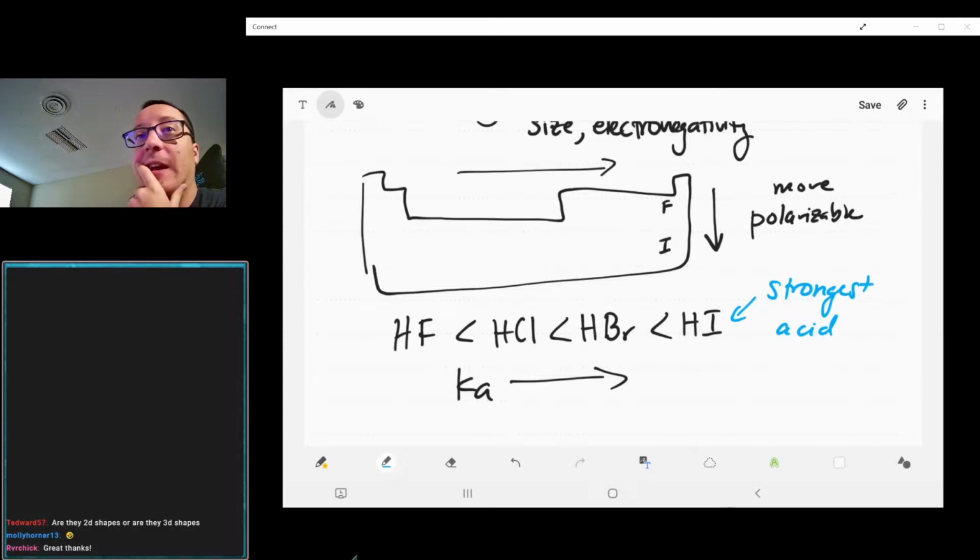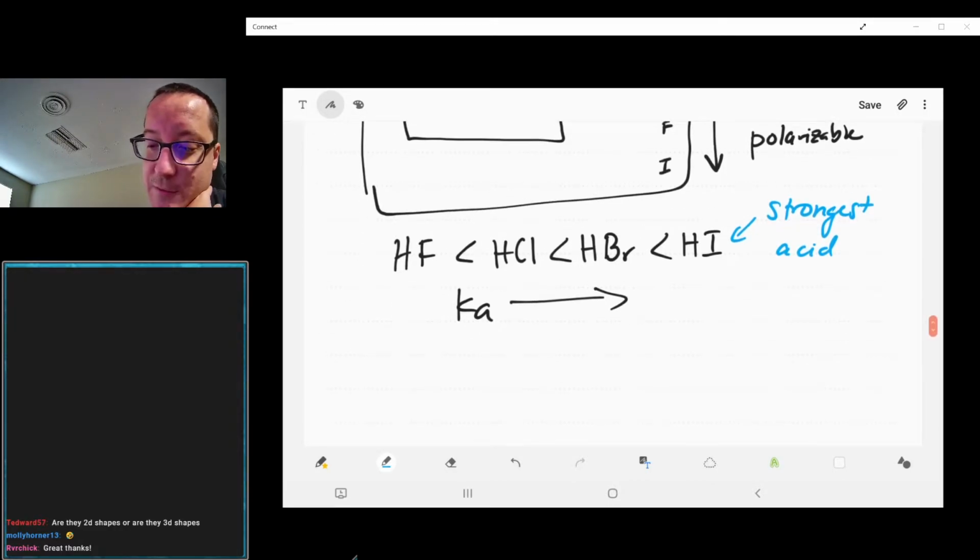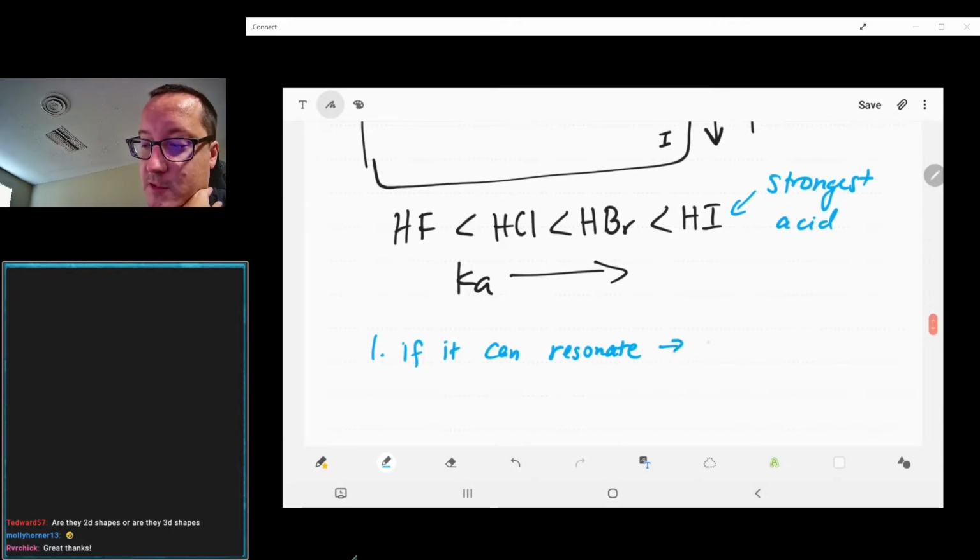So we're only going to worry about these two factors here with these particular patterns. If you end up taking OChem, you're going to learn a lot more about inductive effects and hyperconjugation and other fun terms. But for us, that's what we're looking at. So in summary of this section, if it can resonate, that means it's more stable, which means it's a stronger acid.